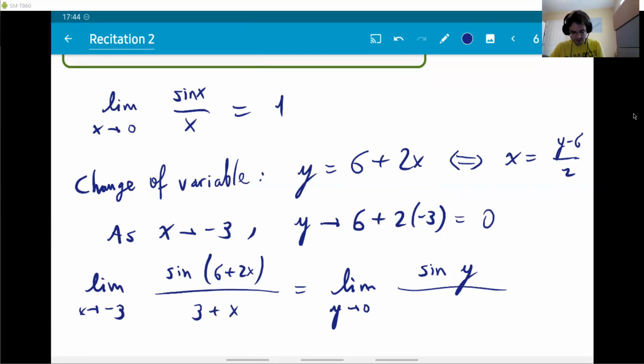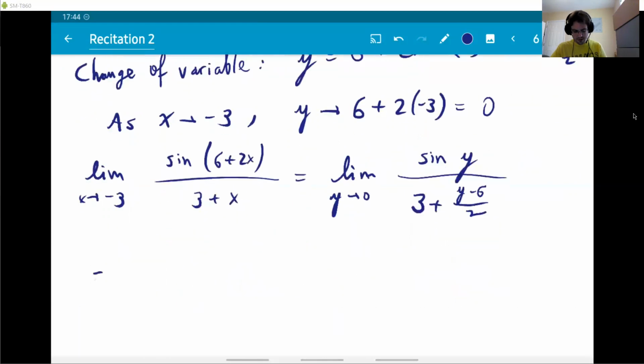So let me do it that way. Plugging in the formula for x in terms of y. And now you can try to simplify this to see that just a y over 2 is what shows up. This is basically 6 plus y minus 6 over 2.